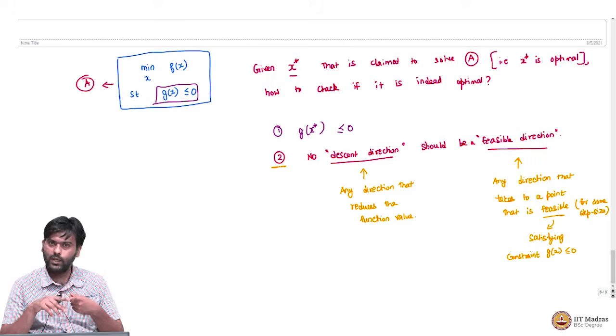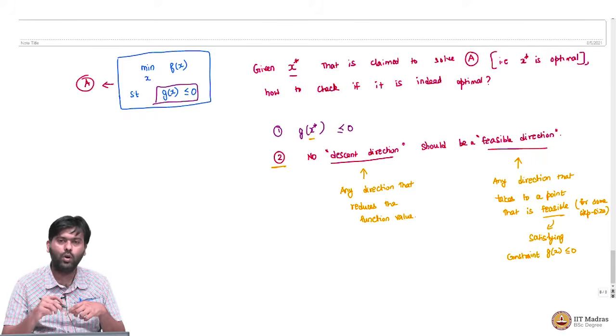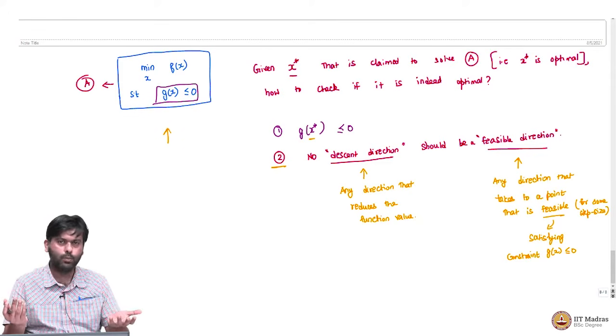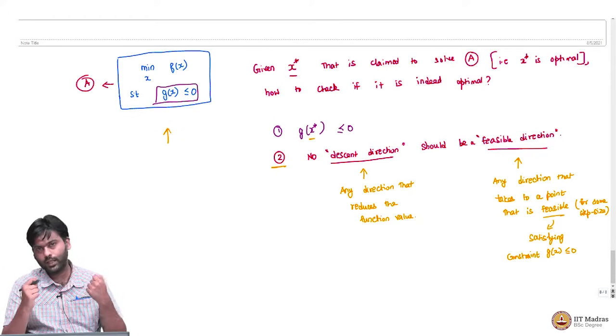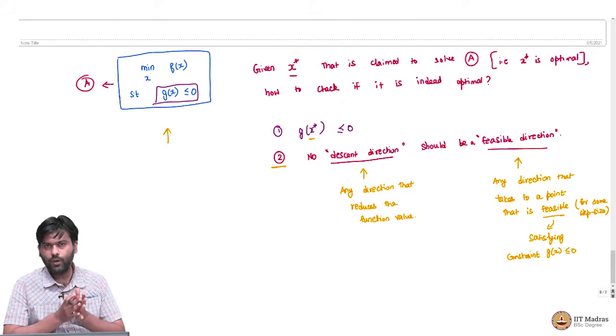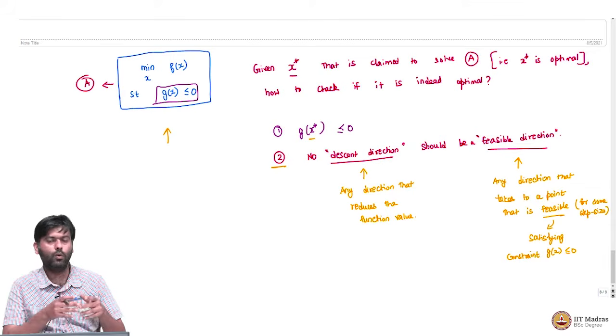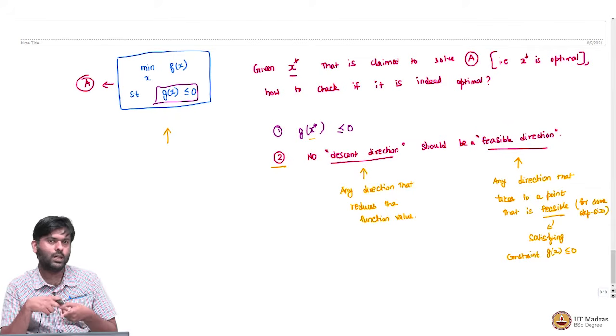Well, if there is a direction which is both descent and feasible, then why is x star not the optimal for this problem? Simple, because then I can in fact move in that direction. Now, for a small enough step size, what am I guaranteed? Because it is a descent direction, my function value will reduce, and because it is a feasible direction, I will still satisfy my constraints.